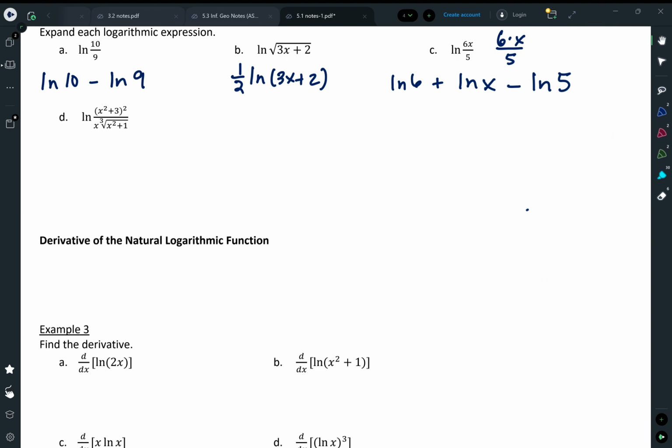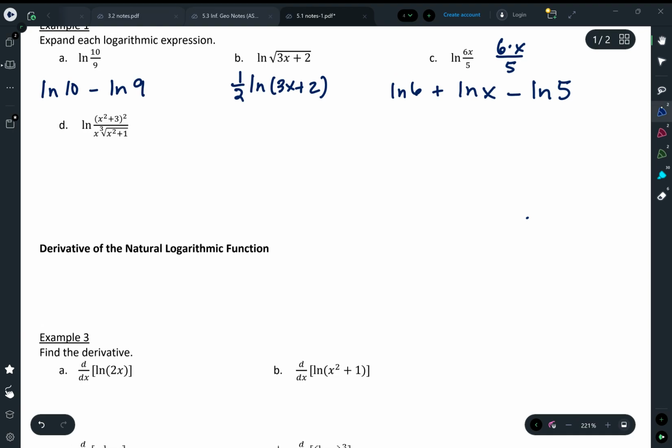So in this last one, I have a fraction. And so when I'm looking at this, the parts that I can see are first we have a whole bunch of stuff in the numerator, a whole bunch of stuff in the denominator. So I'm going to write natural log of, and I would instantly go and write an answer. This is just kind of preliminary steps.